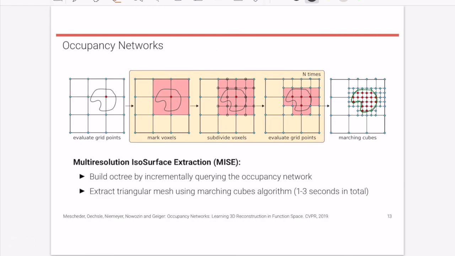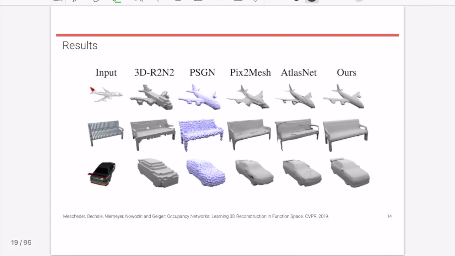There is one more technique, multi-resolution surface extraction. The high-level idea is to apply such an occupancy network in a coarse-to-fine manner, but I will skip this one. Anyway, these are examples of the occupancy network.